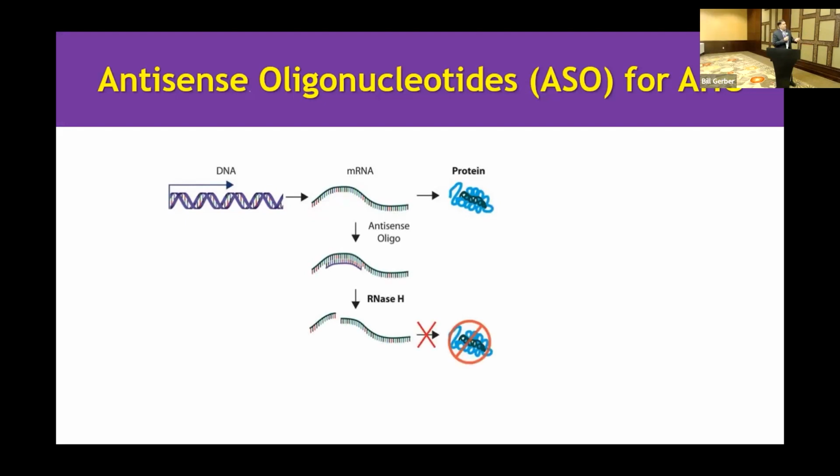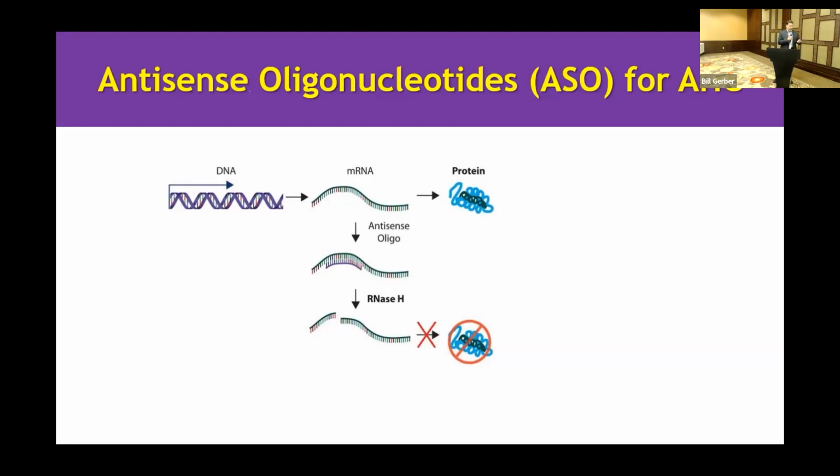So messenger RNA is a single-stranded nucleic acid, versus DNA, which is double stranded, a double helix. What antisense oligonucleotides do is bind to the RNA in a targeted way and form a small double-stranded segment, which is not allowed in cells.